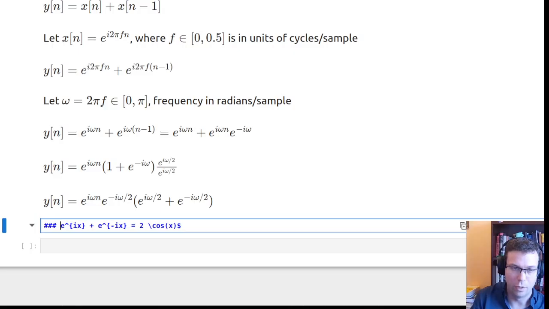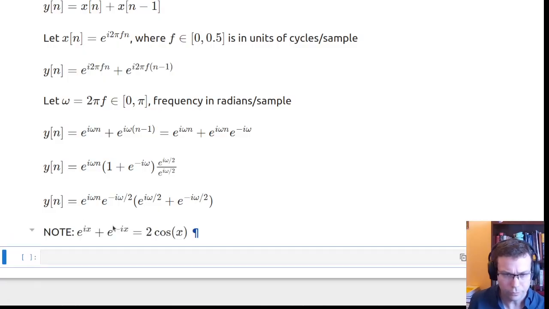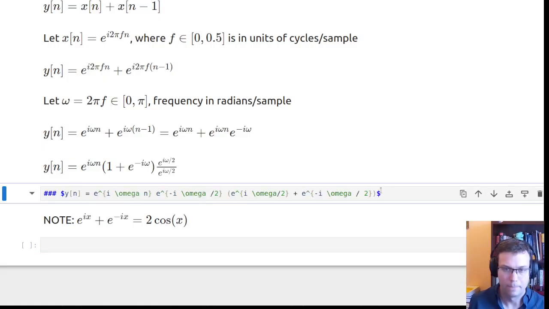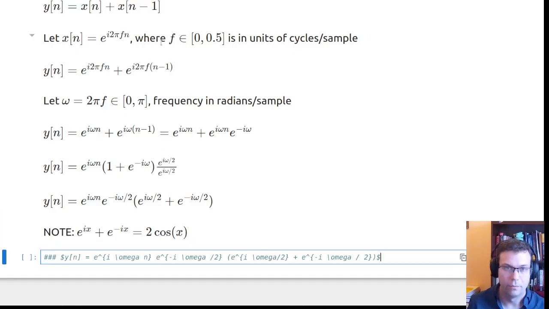So if you remember Euler's formula, e to the ix is equal to cosine of x plus i sine of x. So what this is going to do is, that'll be cosine of x plus cosine of x plus i sine of x minus i sine of x. So the sine of x term cancels out. And so we're actually left with the real number, which is what I was looking for.